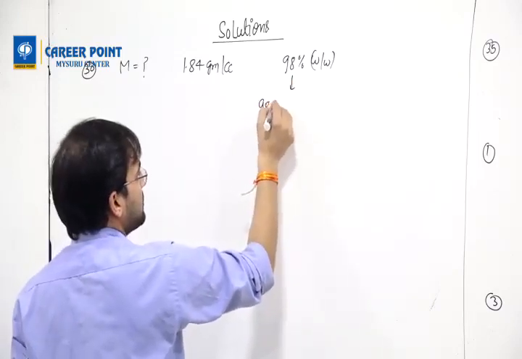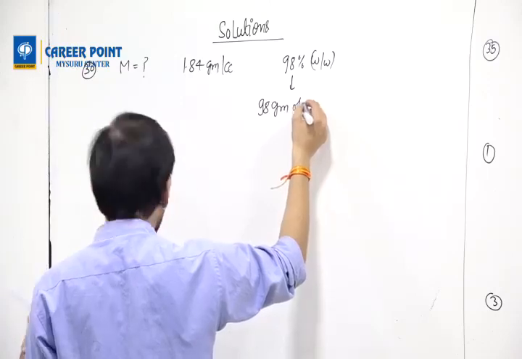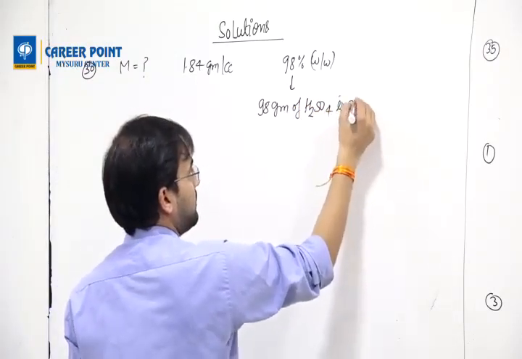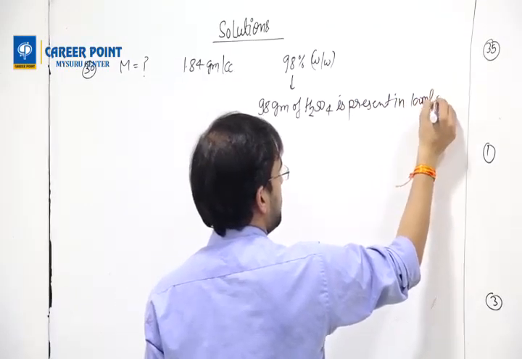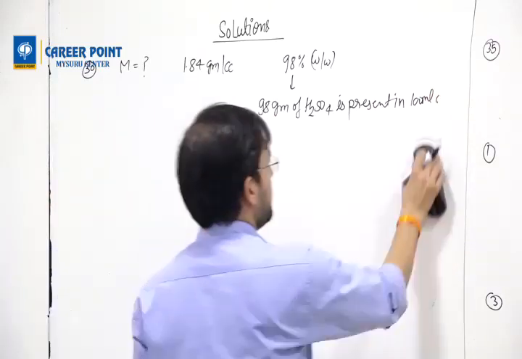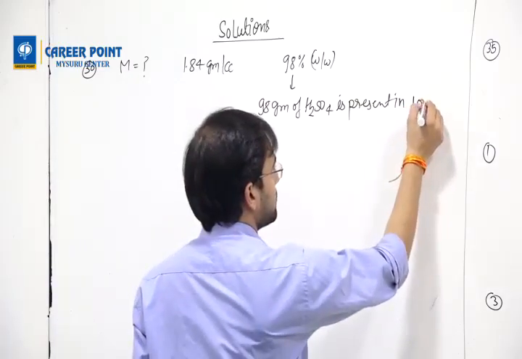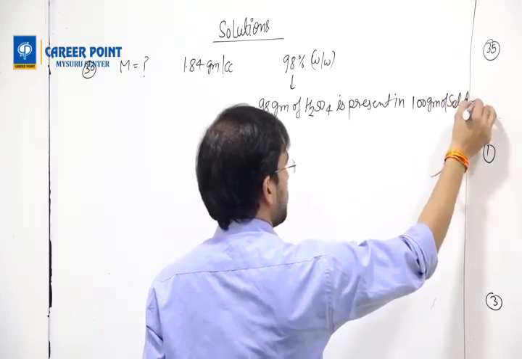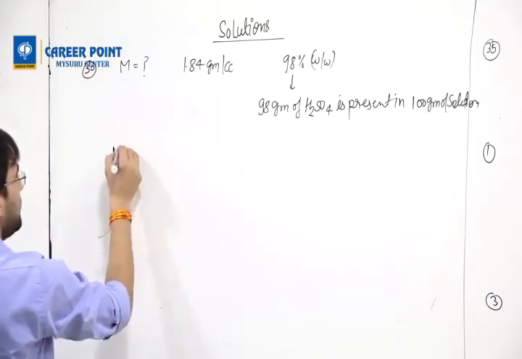This line means 98 gram of H2SO4 is present in 100 gram of solution. Okay, so now molarity equals what?